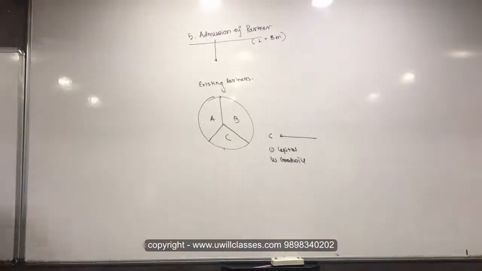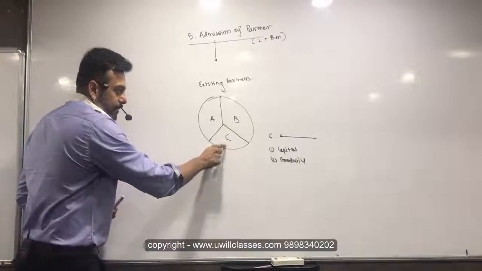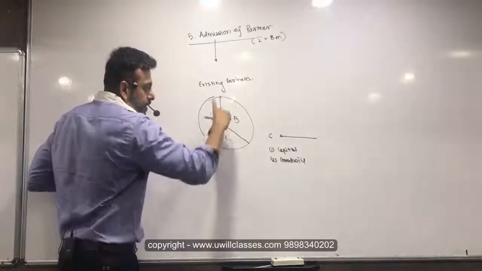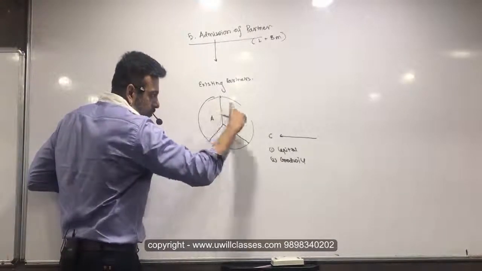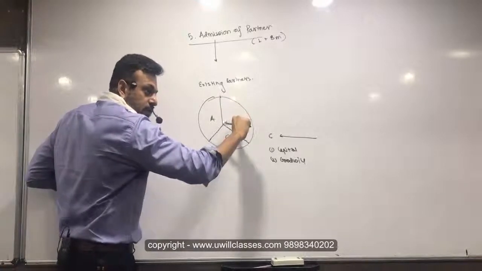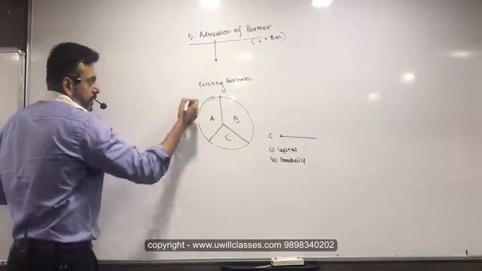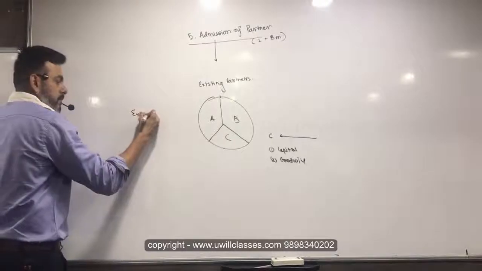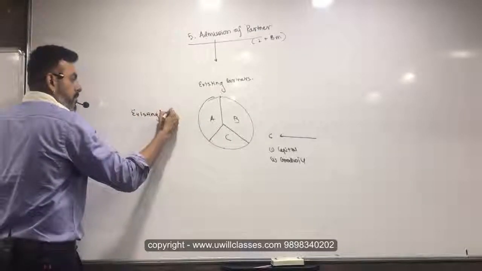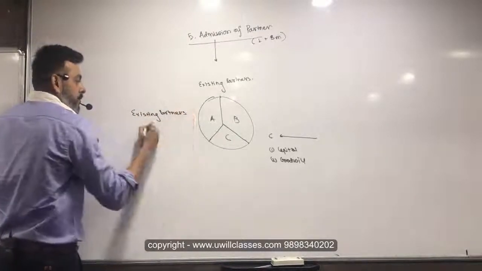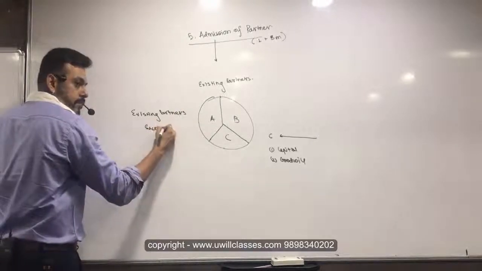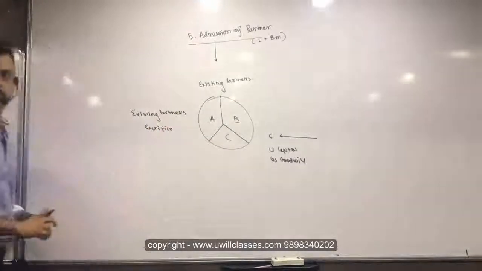Yes. The moment C enters the partnership, can you see over here, share of A goes down and share of B also goes down. So existing partners will sacrifice to accommodate this partner C.